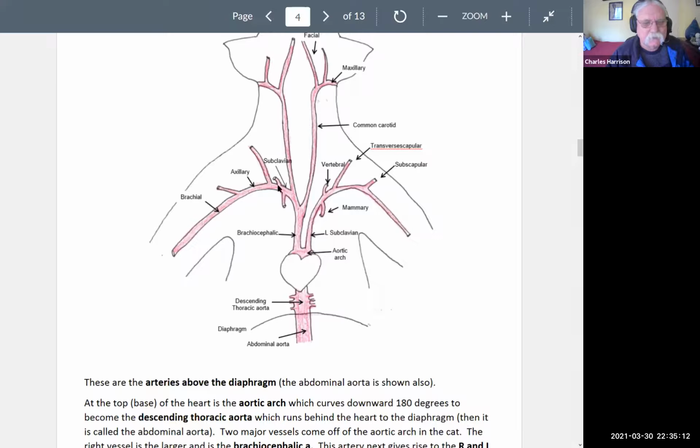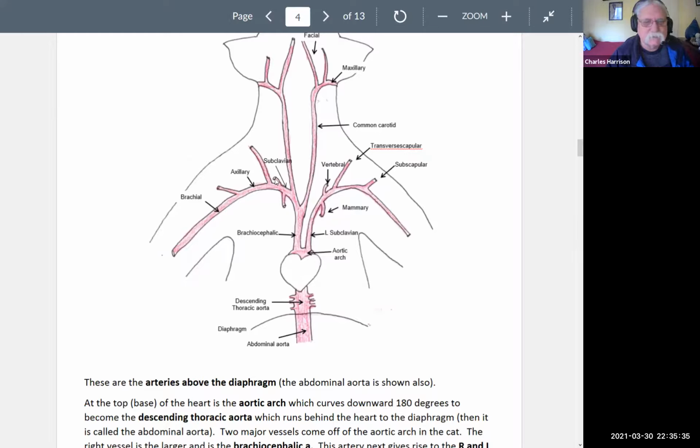After that, the small bit of vessel is called the subclavian. I want to get this upper one off of here.